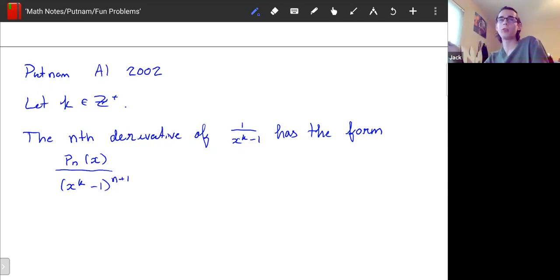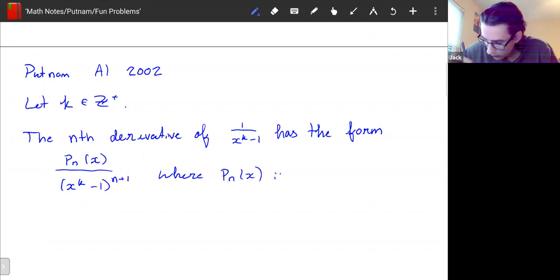So that basically states that the nth derivative of this is going to be of the form of this function here, where p sub n of x is just some polynomial.